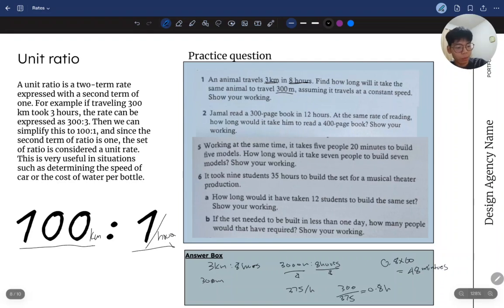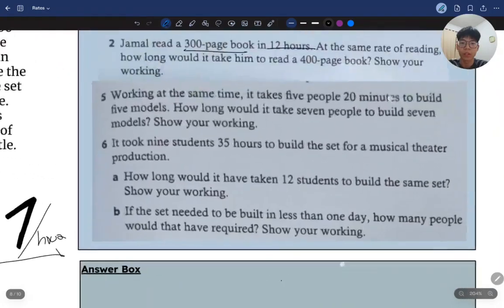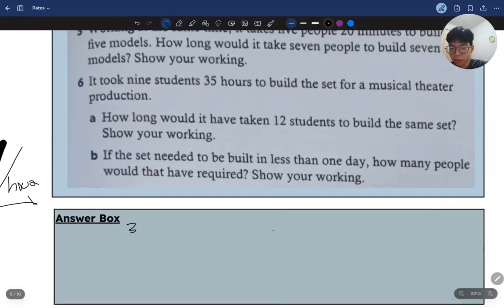Now let's try question number 2. Jamal reads a 300-page book in 12 hours. At the same rate of reading, how long would it take him to read a 400-page book? So 300 pages in 12 hours.